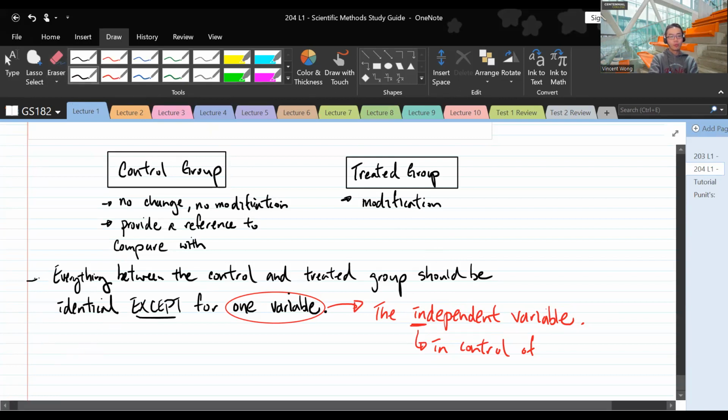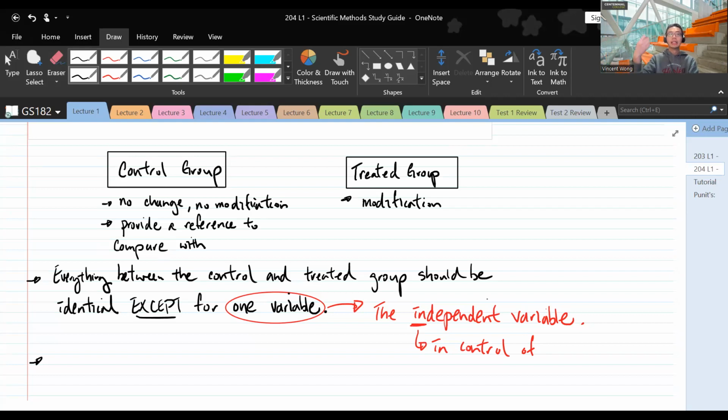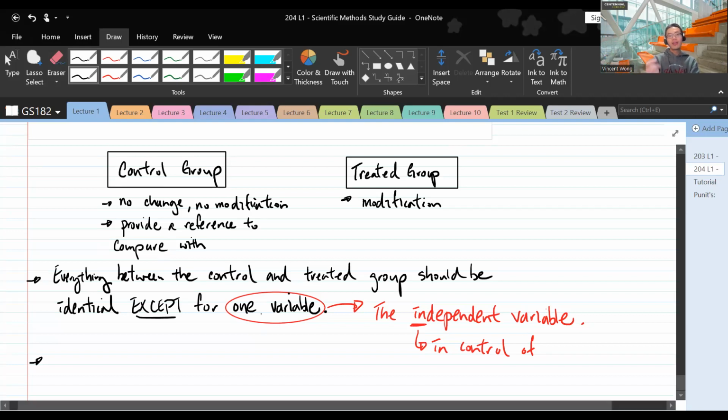So what's the point? What's the purpose? The purpose is to see what happens when you change the independent variable. How will it affect the outcome? The outcome that you're looking for, the outcome that you're measuring, the outcome that you're observing, that would be the dependent variable.